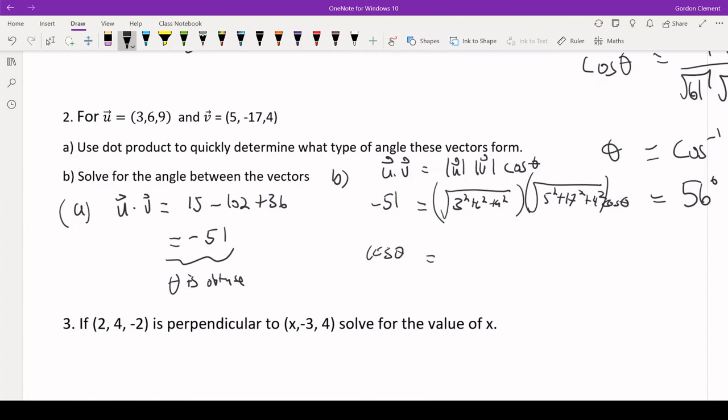So cos theta is going to be negative 51, divided by the root of 9 plus 36 plus 81, which is the root of 126, and then also divide by the root of 330.